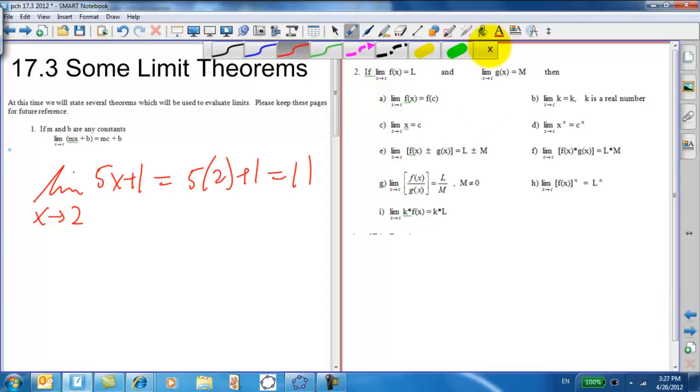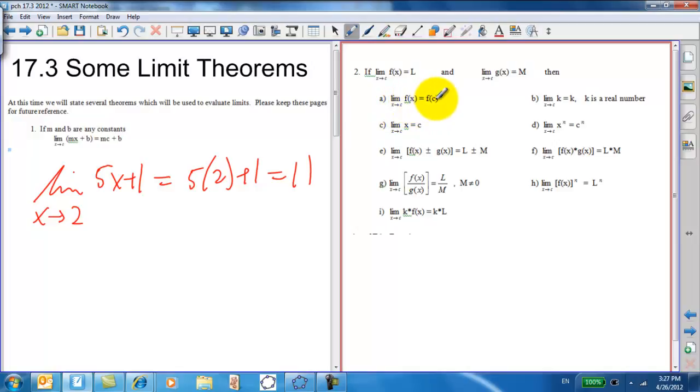And like all these limit definitions, if I've got the limit as x approaches c of f(x) equals L, and the limit as x approaches c of g(x) equals M, then basically we're saying the limit as x goes to c of f(x) equals f(c), but we have to be careful with this. This is only if f is continuous at x equals c.